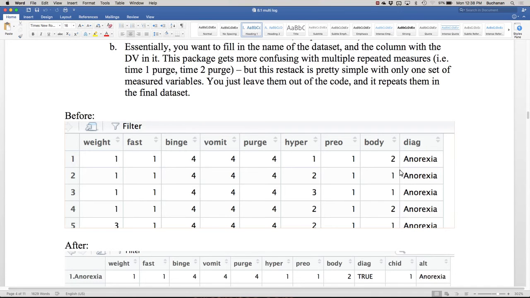So what I have is for each person, I have their actual diagnosis. Instead, what it wants you to have is for each person to have a true or false for each diagnosis in long format. So what they want, really briefly, is for us to have 3 columns and to code it in a dummy coded style.